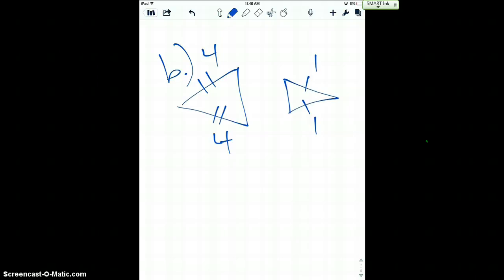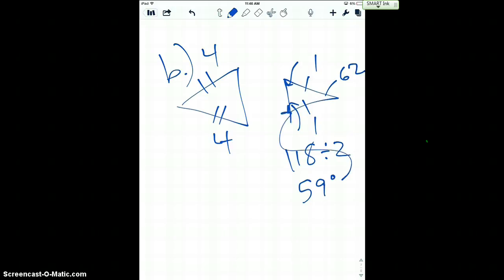Yes. And then it gives me, this is 62. These are unknown here, but I can find them. And how would I do it? I would take my 180 minus 62, which is 118, and divide that by 2. And I'm at 59 degrees for both of these.